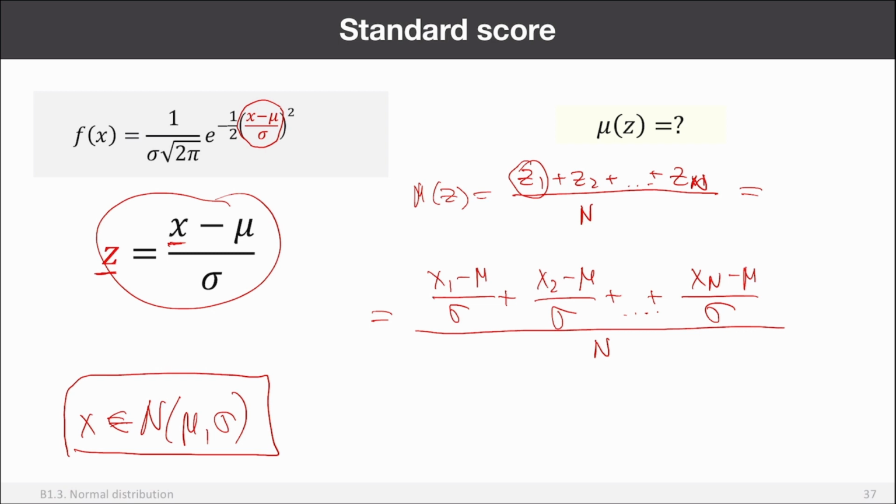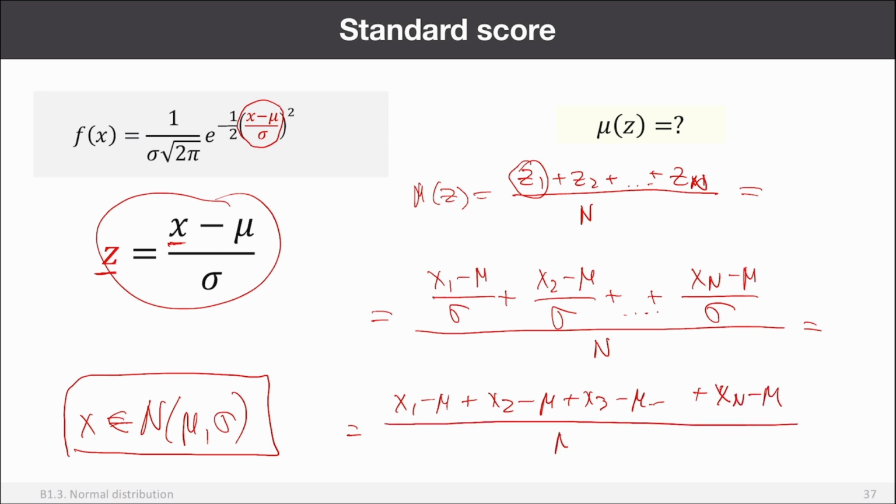Now, because in all these terms on the top the denominator is the same, sigma, we can rewrite it like this: x1 minus mu plus x2 minus mu plus x3 minus mu and so on plus xn minus mu, divided by n sigma.